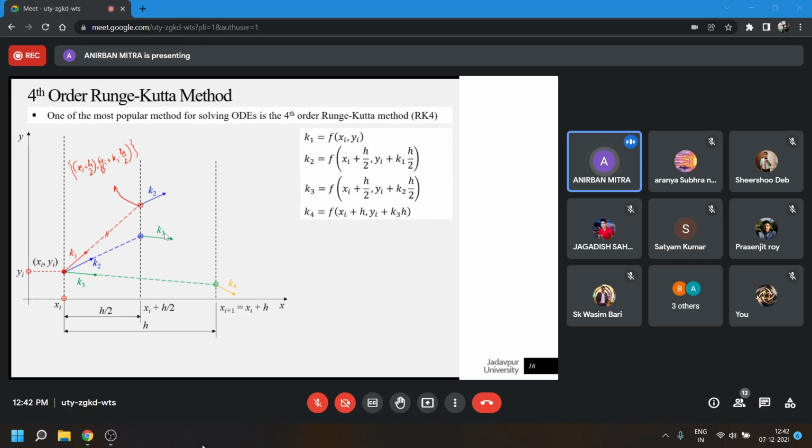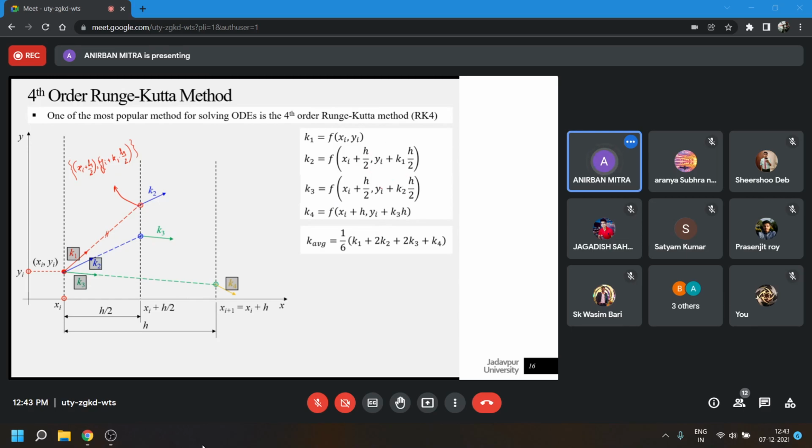So we have obtained 4 different slopes, k1, k2, k3, and k4. This is a 4th order method, so we have to use 4 different slopes at 4 different points. So these are the 4 different slopes that will be used to calculate the average slope. This is a weighted average, by the way. And you can see that the weights are not equal.